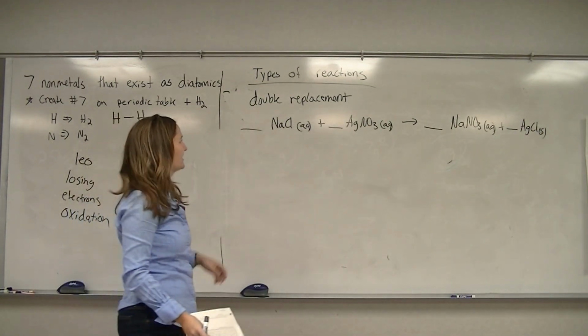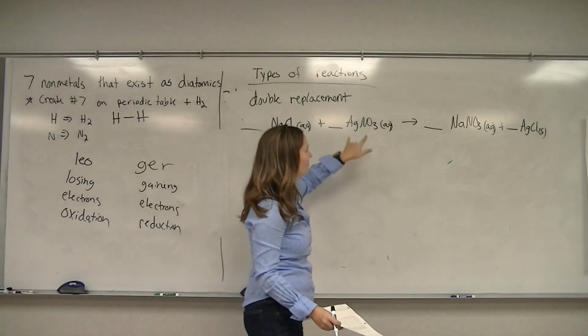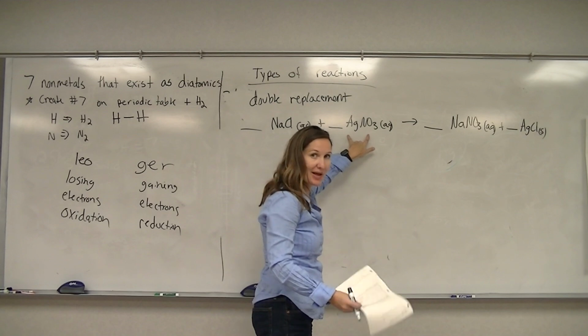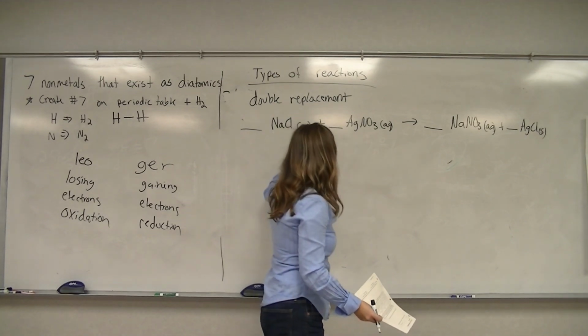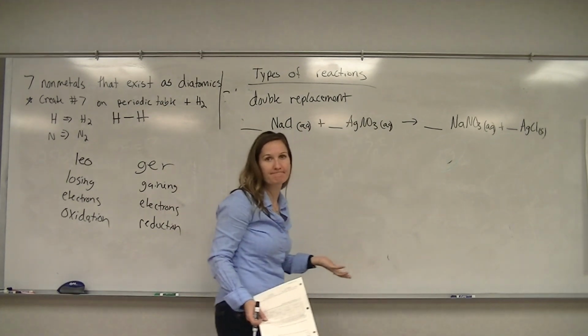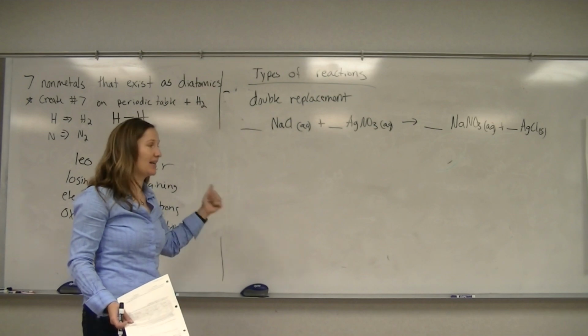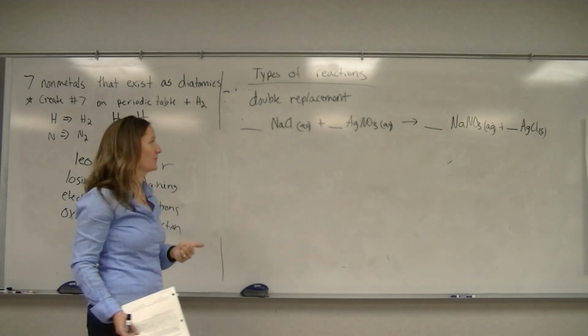So how do you identify it as double? Compound reacting with a compound. Okay, so no elements by itself. Compound reacting with a compound, switching partners to give two new compounds. So if you have two compounds on both sides, reactant and product, it's going to be double.